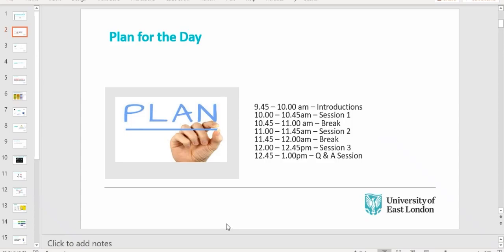The first session, which I have just started, will last for 45 minutes. Then we intend to have a 15-minute break, and then a second session where you will be given some insight into the practical tools of digital marketing. Then we'll have another 15-minute break, and the final 45-minute session will be about digital branding.